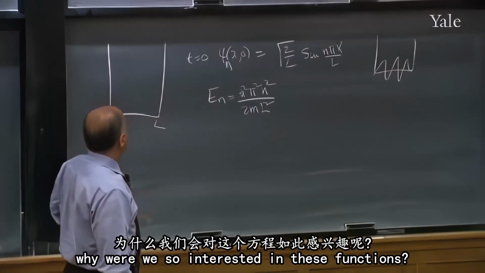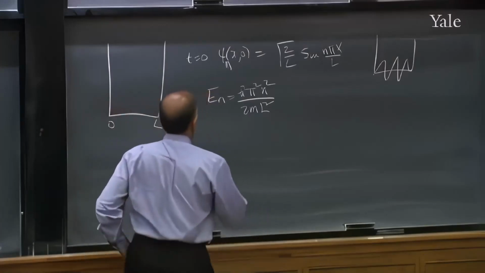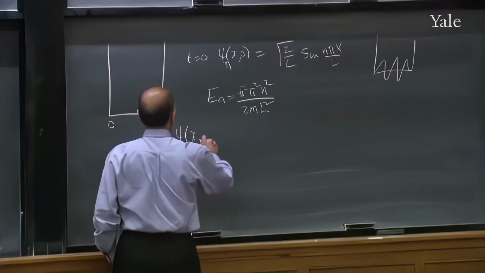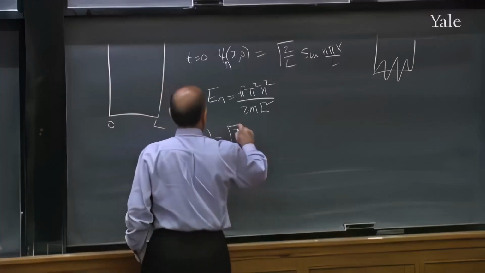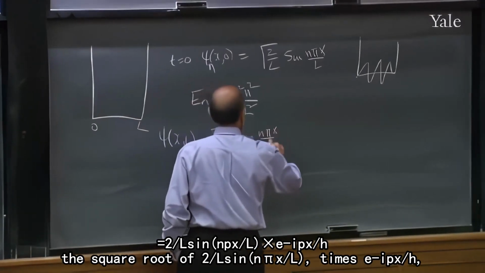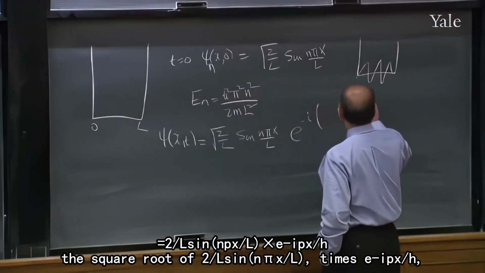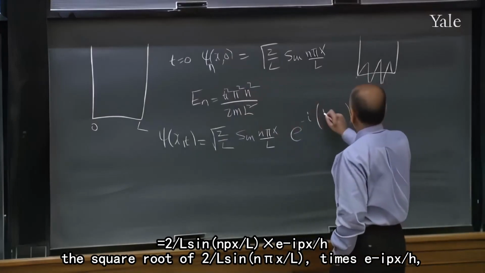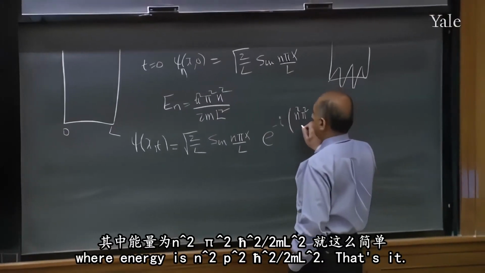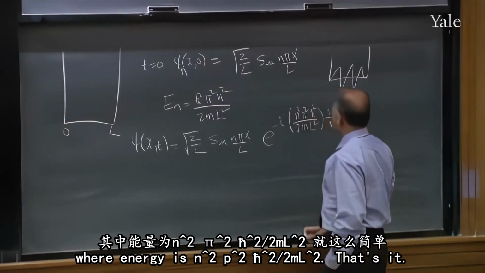And the reason why we'll be so interested in this function, now I can tell you why. If this is my initial state, let me take a particular n, then the state at any future time, psi of x and t, is very simple here: square root of 2 over L sine n pi x over L times e to the minus i E t over h bar, but energy is n squared pi squared h bar squared over 2mL squared.